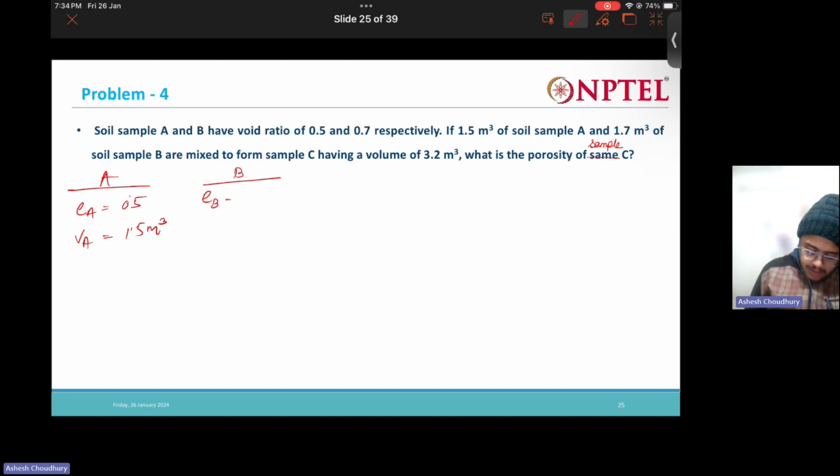For B, similarly. For C, void ratio EC we don't know, and VC we know.